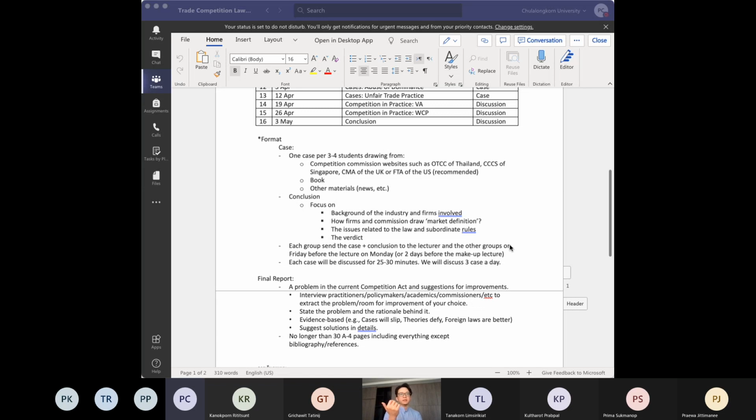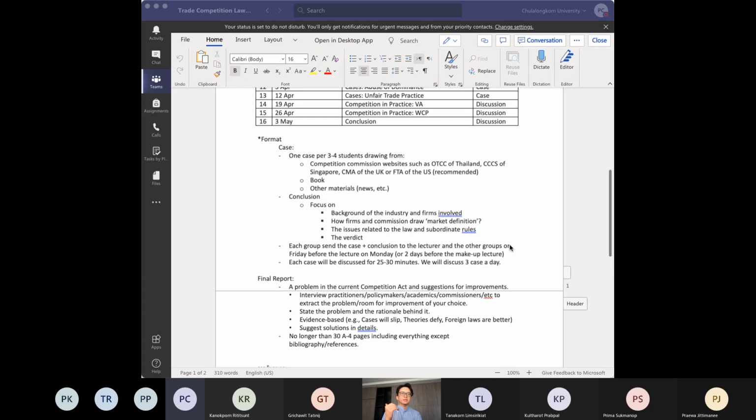You could find them from competition commission websites like OTCC of Thailand, CCCS of Singapore, CMA of UK, or FTC of the US, or any other countries, or you can find cases from books or other materials. It doesn't really matter, but I would recommend the commission websites because you will have more detail there.